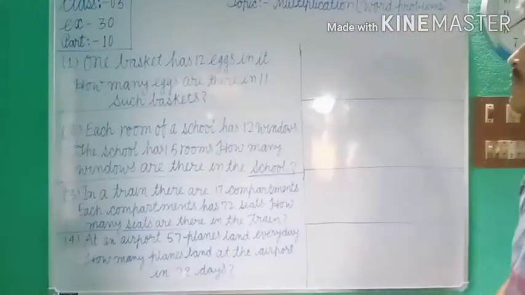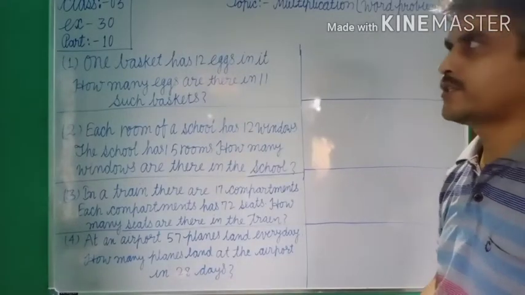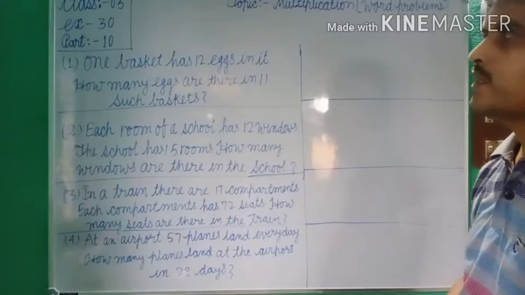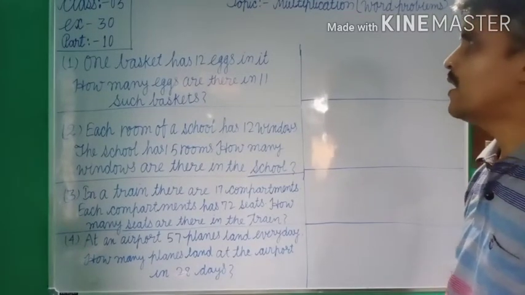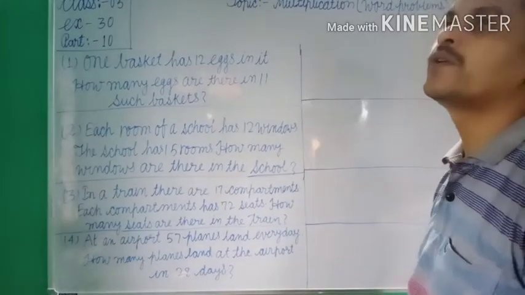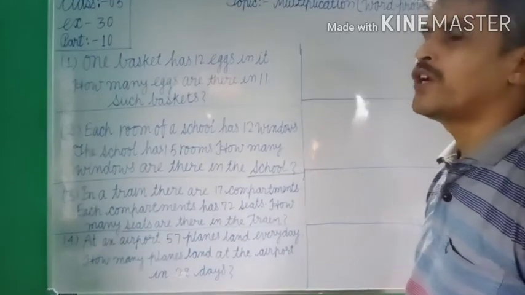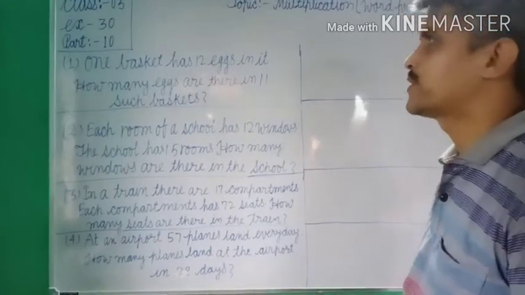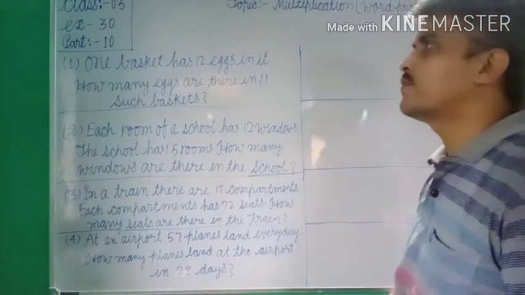Word problems. Your first word problem: One basket has 12 eggs in it. Students, first of all you read the word problem 1 time, 2 times. When you understand, then you solve it. So I read, you listen carefully.